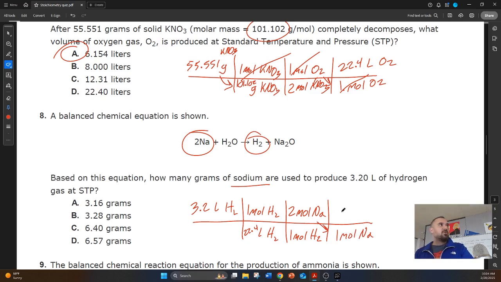So up here, we should be putting 23 grams of Na. They wanted to see if any of you would multiply 23 times 2. And if you did that, you would have got the wrong answer. So 3.2 divided by 22.4 times 2 times 23. And I got 6.57, so D was the answer for this one.